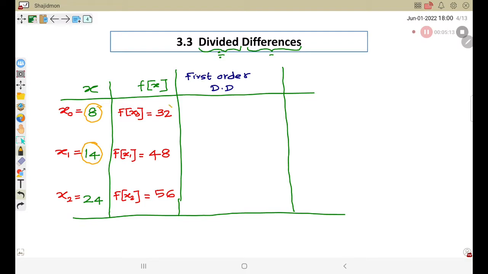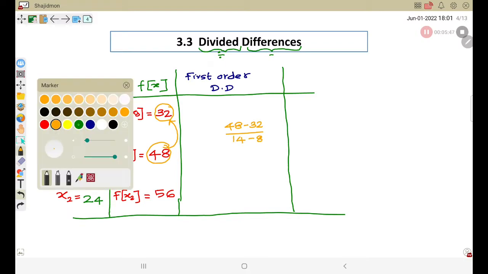The y numbers taken are 32 and 48, correct? 8 corresponds to 32, 14 corresponds to 48. Now subtract the y numbers first: second y number 48 minus first y number 32, divided by the corresponding argument number subtraction, that means 14 minus 8, correct?